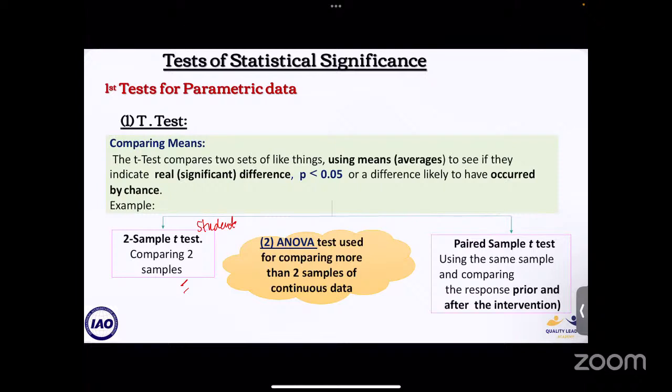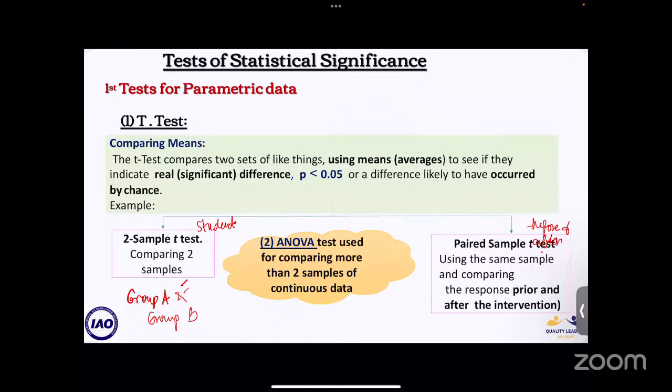So an example is comparing two separate groups, group A and group B. Okay. So what about the paired sample t-test? This compares the same group before and after the treatment or intervention. So for example, comparing a group's condition before and after receiving a drug. So that's the example of a paired sample t-test.